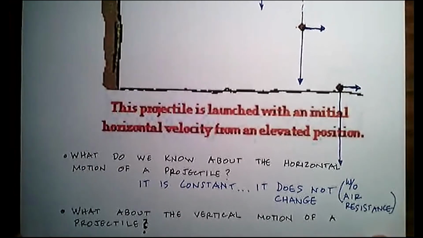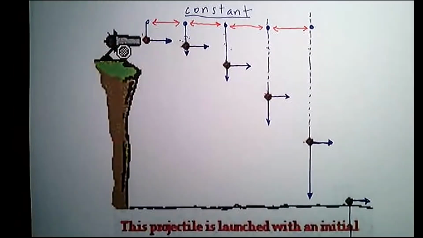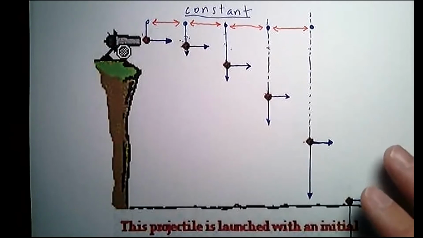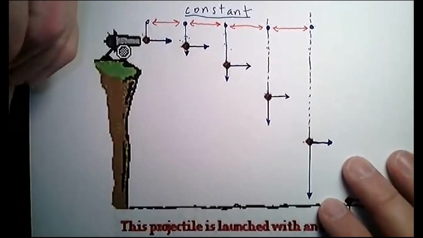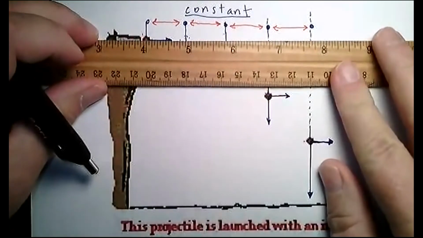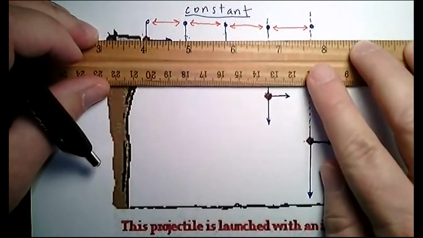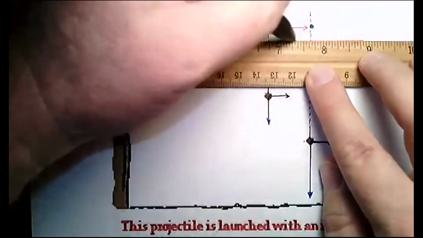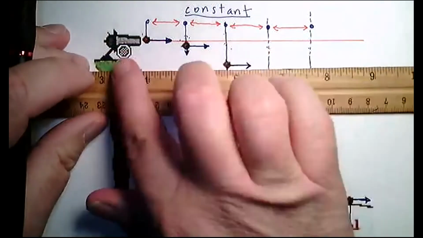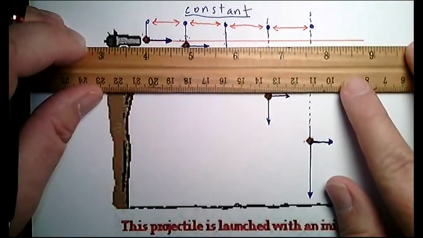Okay? Now, what about the vertical motion? Well, if I come back up and we look at these, you remember what we did in the video is we basically just got some lines to track these, hopefully these stay horizontal. If I take this line and I go all the way over here, I'm going to get a line that's right about in that location.